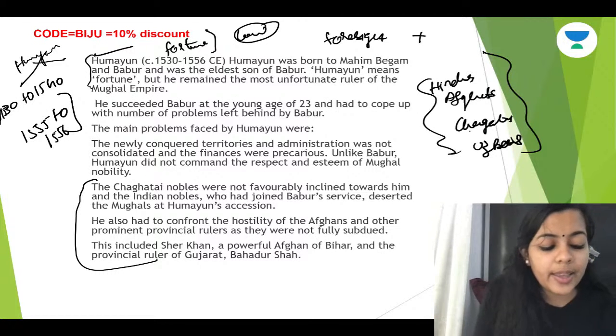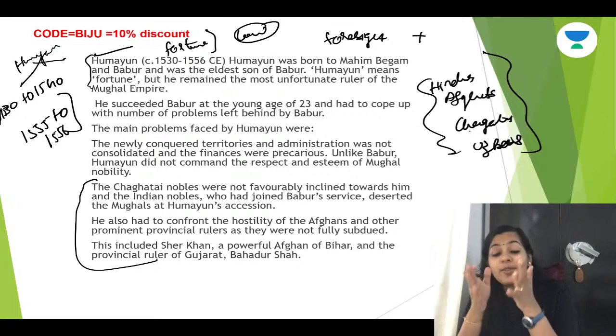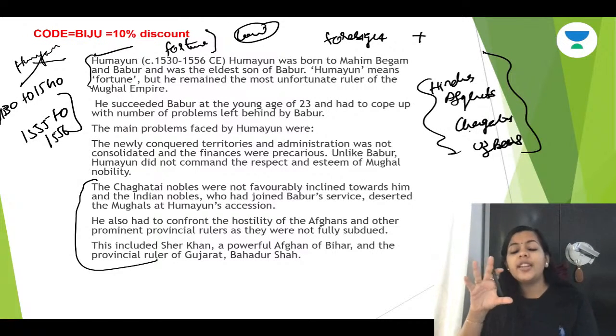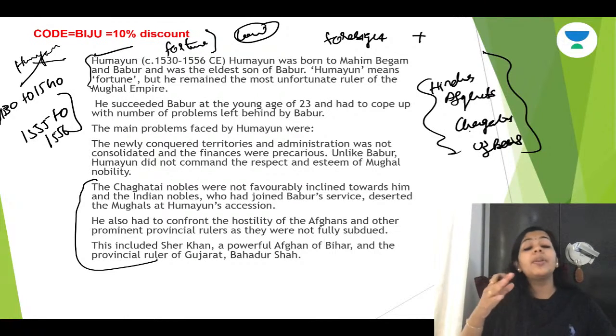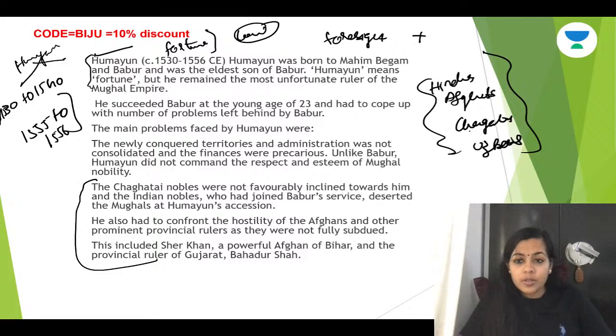All the Hindus, Afghans, Chagatais, Uzbeks, all these people were in the military, a different class of people with a different cultural background and different religious beliefs. Even though the Afghans, Chagatais and Uzbeks were Muslims, some were Shia Muslims and others were Sunni Muslims.